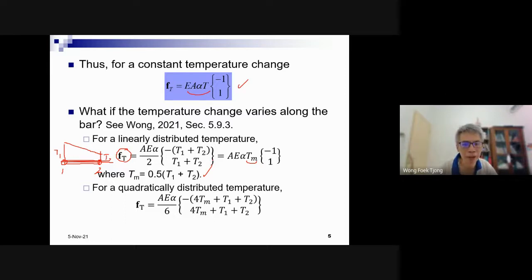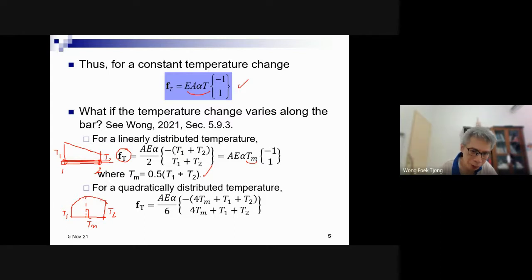Or maybe we can also derive for more complicated situations, a quadratic distribution of temperature. So like this, the temperature change: this is T1, this is T2. We also have a third data here, because for a quadratic distribution we need 3 data, the temperature change at the middle, like this. So the graph is a parabola because this is a quadratic function.